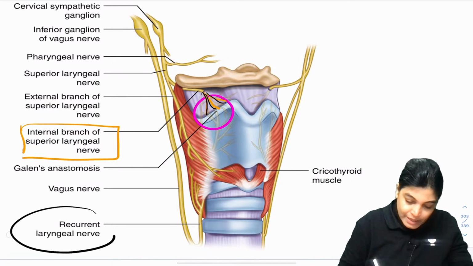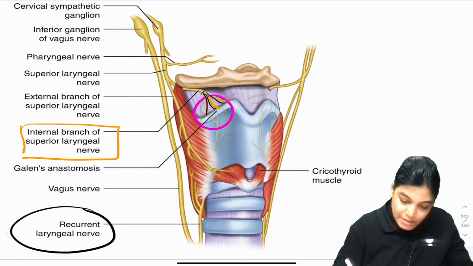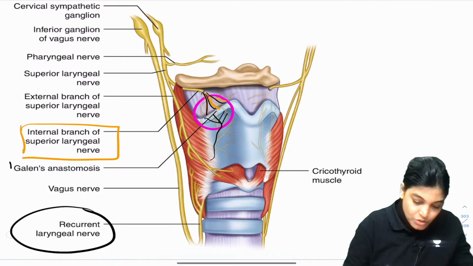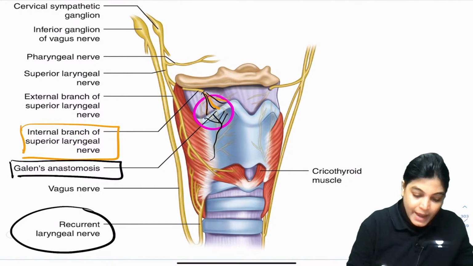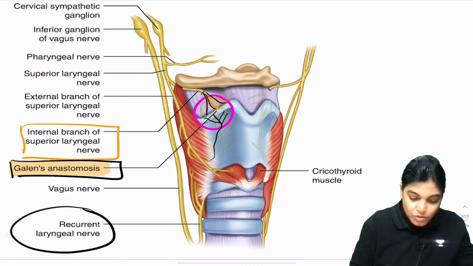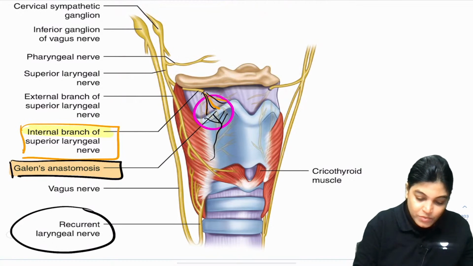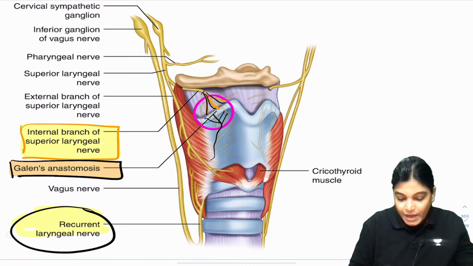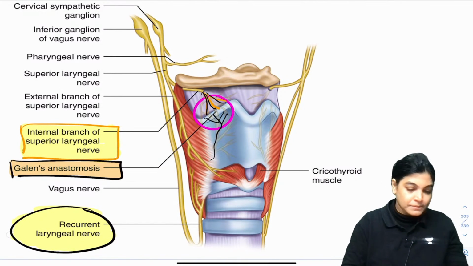The other one is the recurrent laryngeal nerve, whose branches are also anastomosing, and this anastomosis is called Galen anastomosis. So Galen anastomosis takes place between the internal branch of the superior laryngeal nerve, that is the internal laryngeal nerve, and the recurrent laryngeal nerve. Got it?